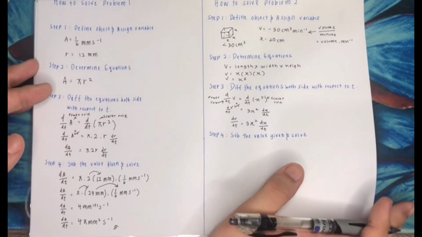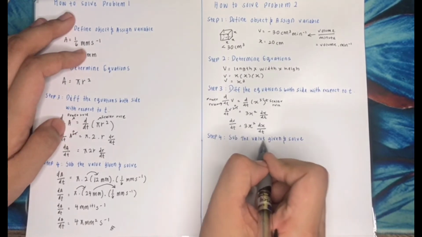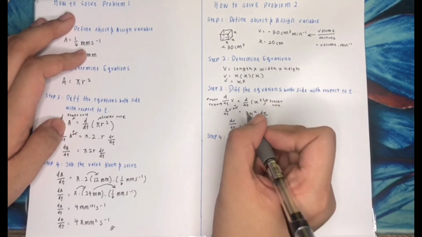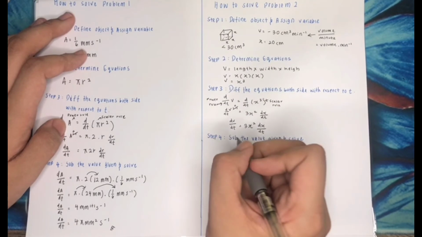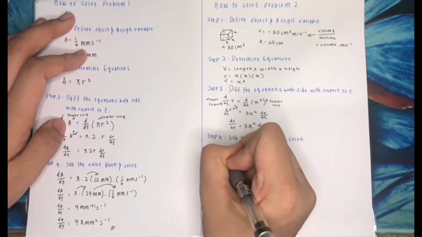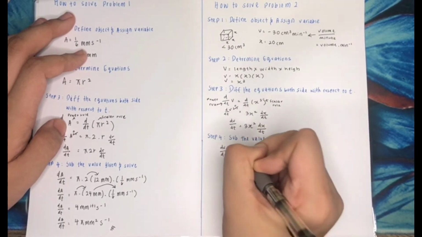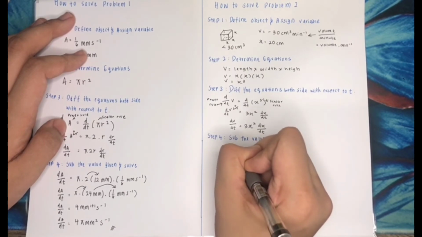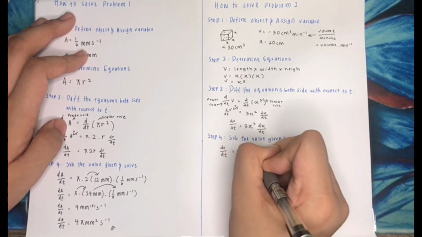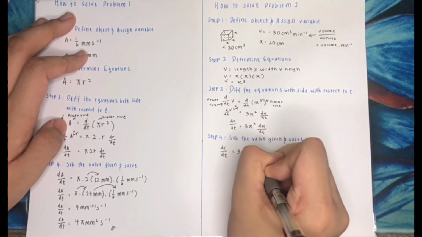So step 4 is to substitute the values given and solve. We write back dV/dt equals 3x squared dx/dt.